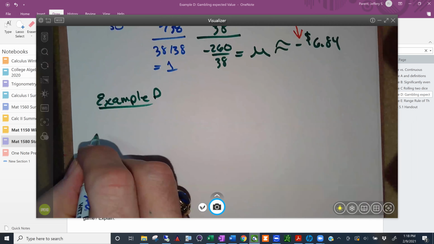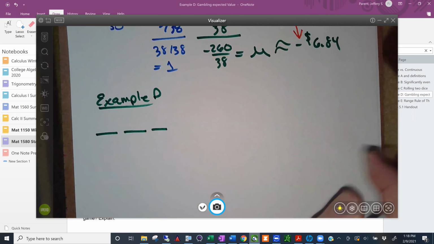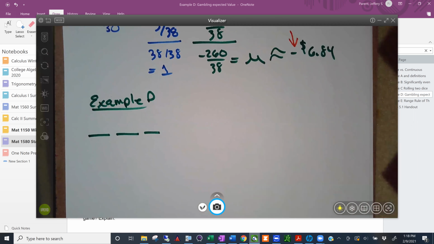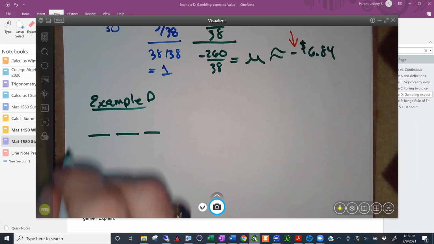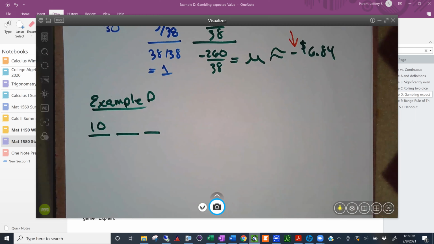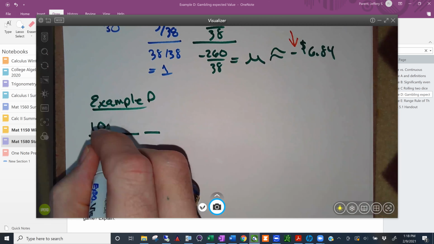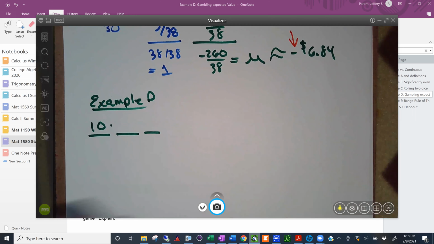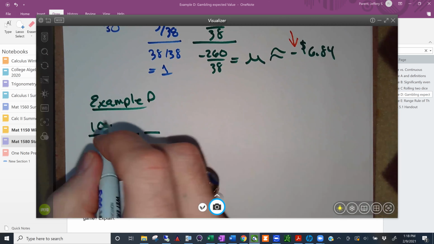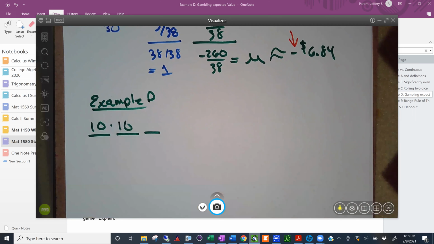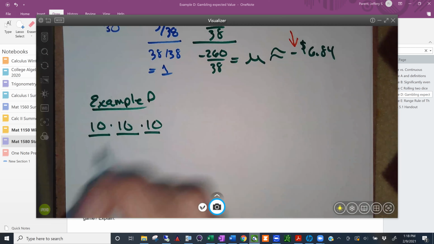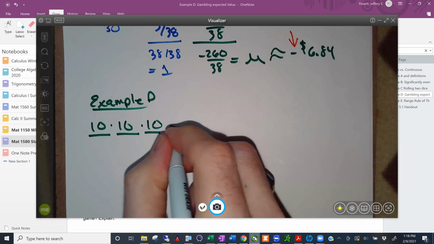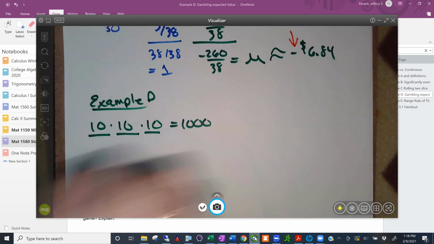Well, to answer that, that's again one of our counting rules. There's 10 possibilities for the first one. And in this game, you're allowed to repeat the numbers. So there's 10 for the next one and 10 for the third one. So possible 1,000 combinations, or 1,000 possible winning lottery tickets.